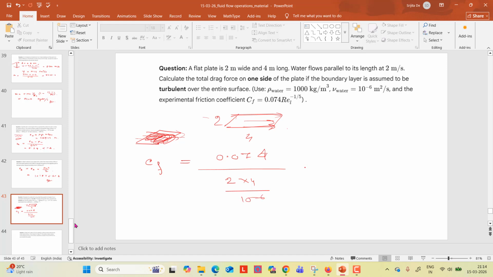So it is coming as 8 into 10 to the power 6, and CF is 0.074 by 8 into 10 to the power 6.